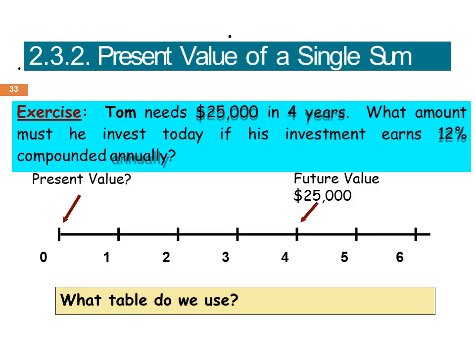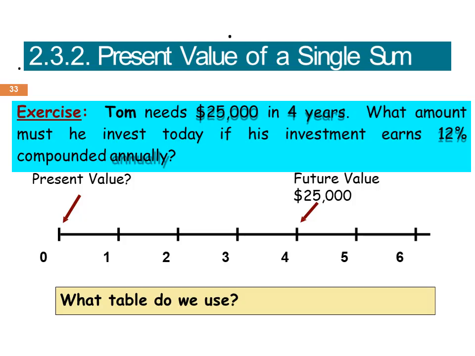Tom needs 25,000 in 4 years. What amount must he invest today if his investment earns 12% compounded annually? This is compounded, but it is annually, so M is 1. What is asked? That is present value. At the end of 4 years, the future value is 25,000.